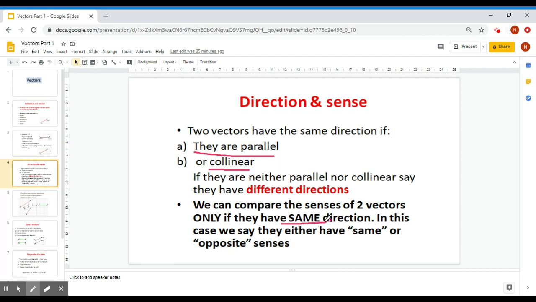So we have either the same sense or opposite sense, and when we compare directions, either we have different direction or same direction, and same direction means they are either parallel or collinear. If they are neither parallel nor collinear, then they have different directions.